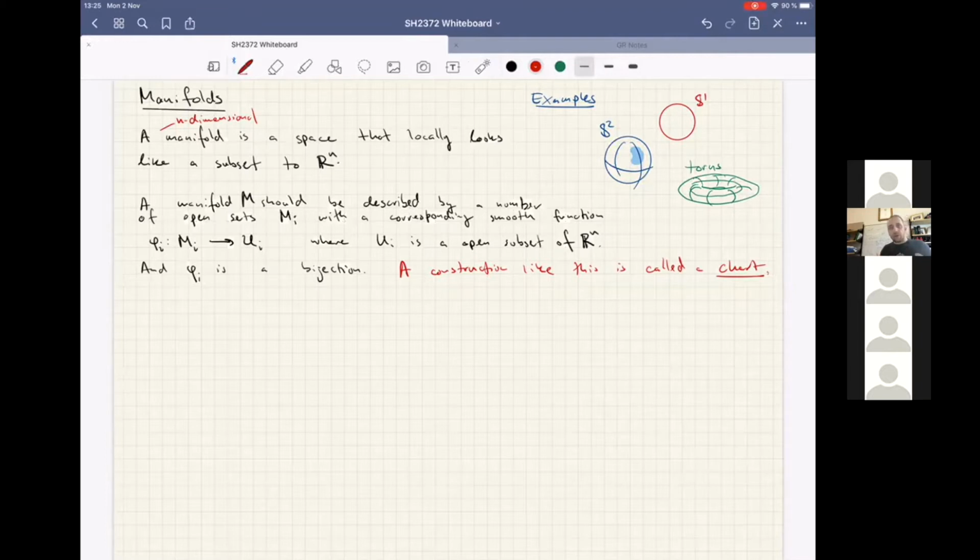So in order to have a complete description of a manifold, we need to ensure that each point on the manifold is described by at least one chart.